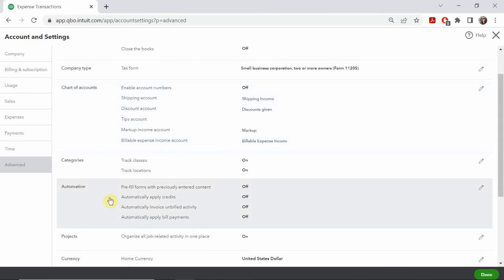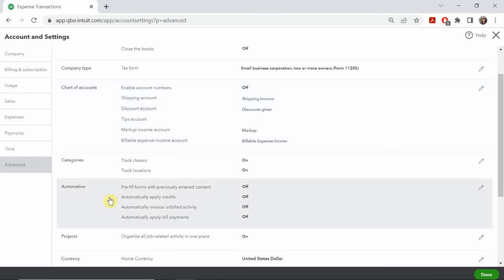If you do use auto payment, it will help you save some time, but if you're not a really good person at keeping track of your own checking account, you definitely don't want to do that. You want to do it manually on your own so you can see where your money is going.